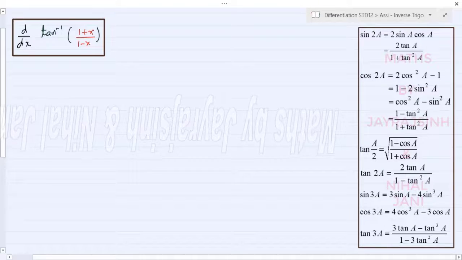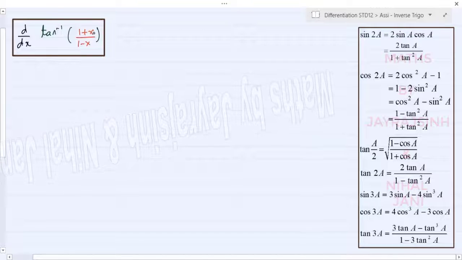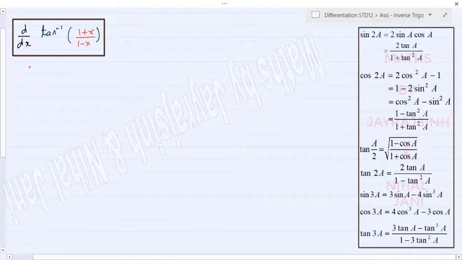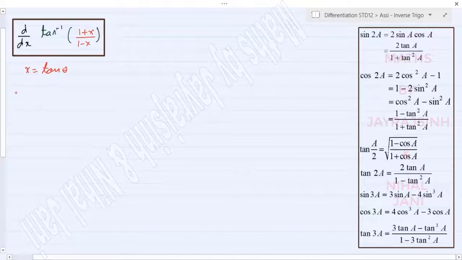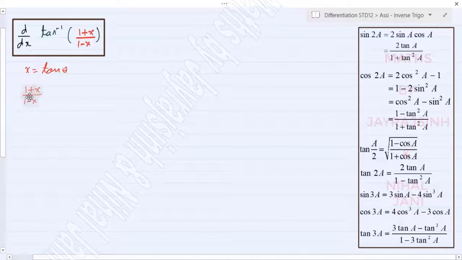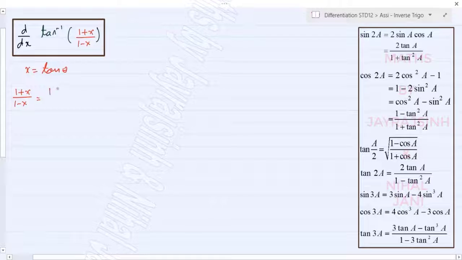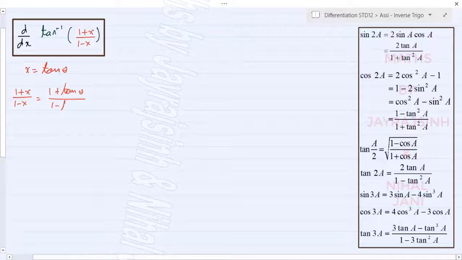Here we have to differentiate tan inverse of (1 + x) upon (1 - x). To simplify the bracket and get it in terms of tan theta, we should assume x = tan theta. So our bracket, which is (1 + x) upon (1 - x), will become (1 + tan theta) upon (1 - tan theta).